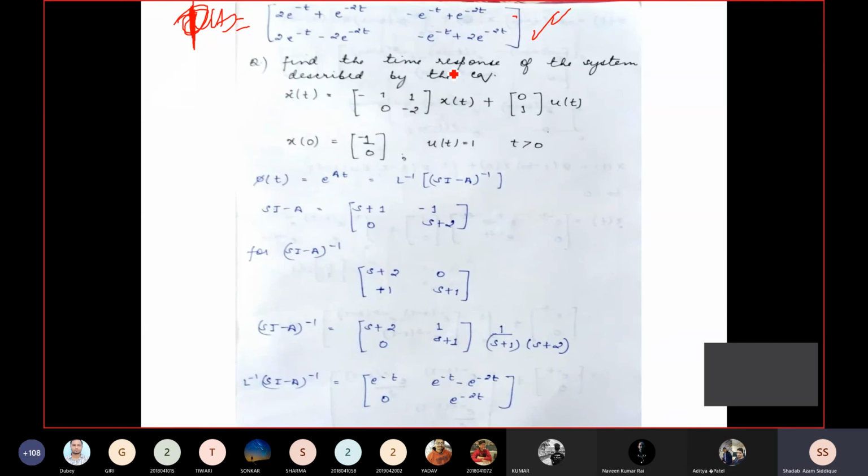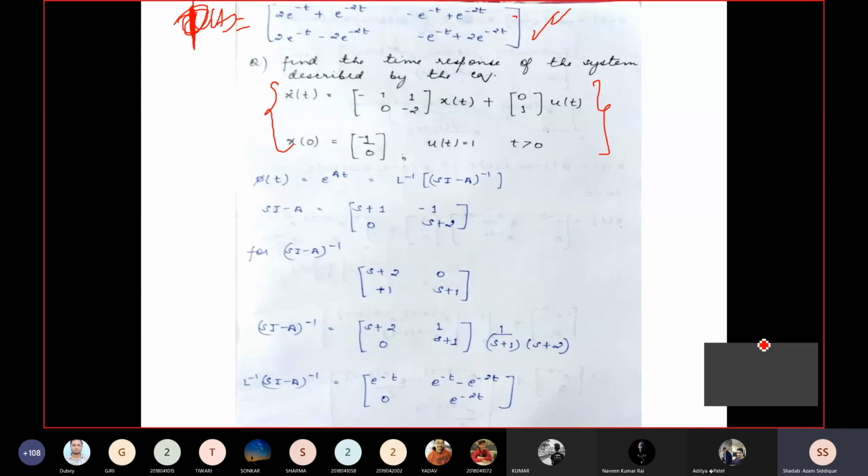We'll go through the time response of a system, which is described by the equation, and this equation is given. You can take this equation and try to solve it on your own. Write this problem and try to solve. We'll see this problem in the next class.